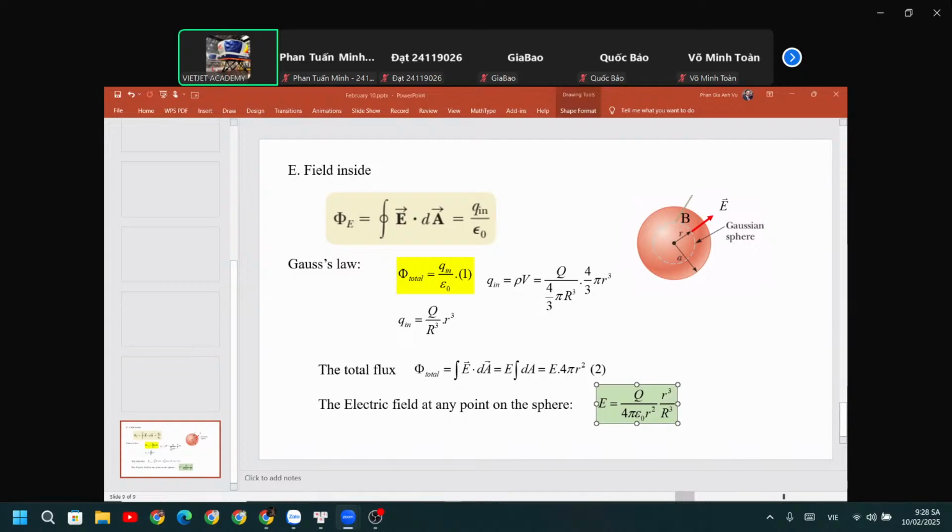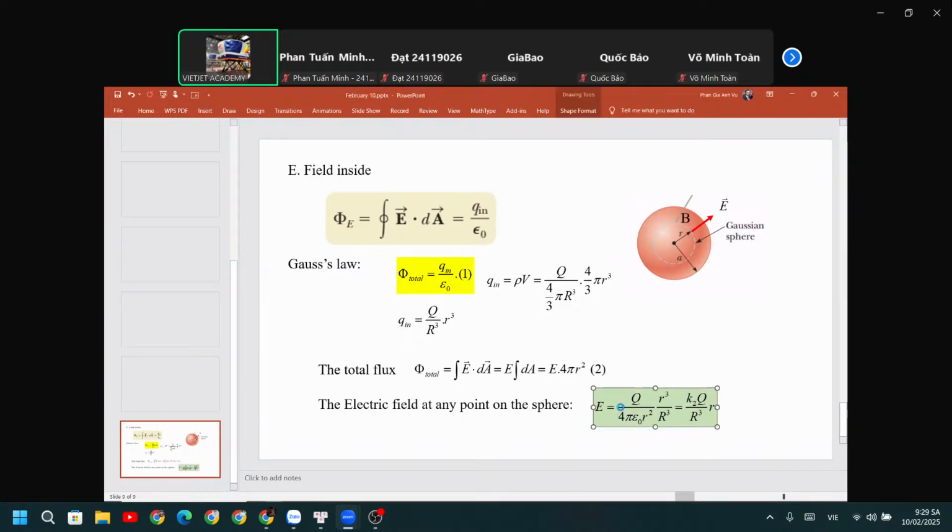Finally, you get ke in the numerator, and you get here R cubed, sorry, like this.